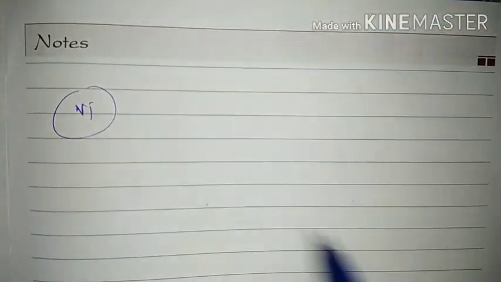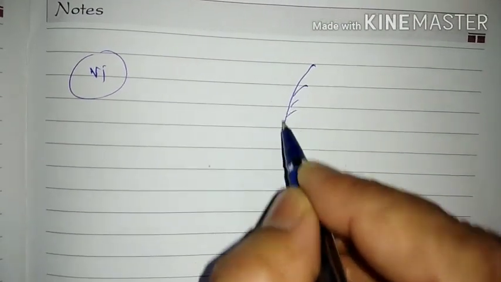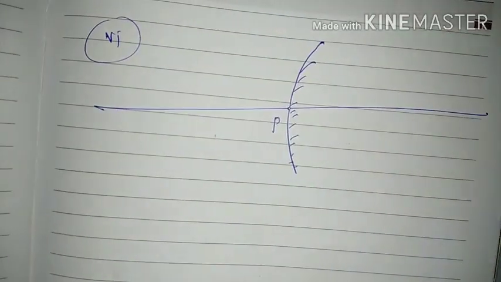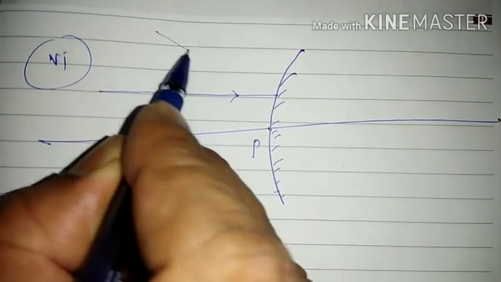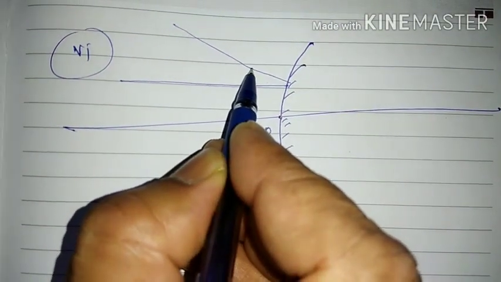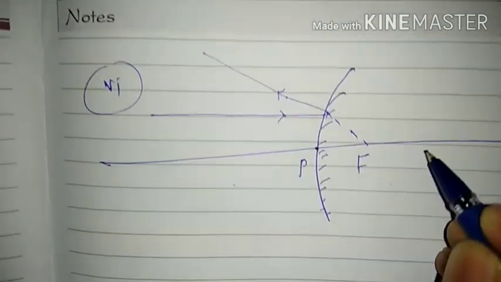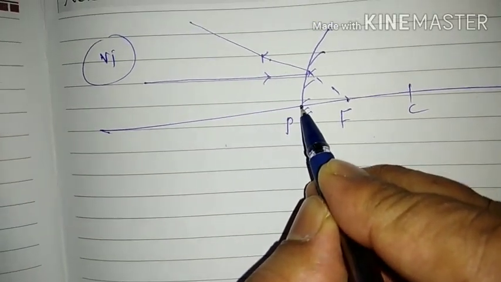But now see, what will be the focal length of a convex mirror? This is a convex mirror, and this is the pole. We have seen that rays of light parallel to the principal axis in the case of a convex mirror diverge in such a way that they appear to come out from a point on the principal axis, and this point is the focus. So see, now the scenario has completely changed.